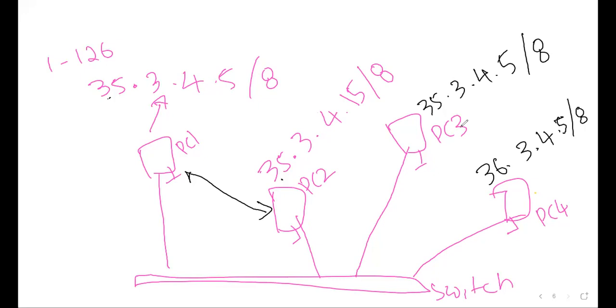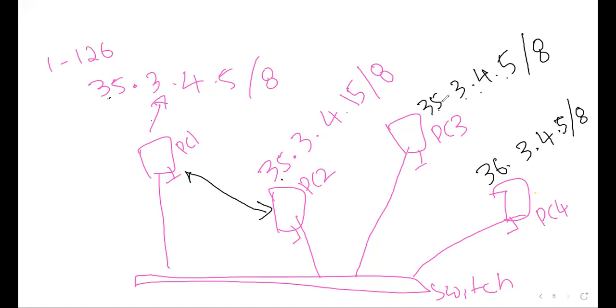What about PC3? 35.3.4.5 and 35.3.4.5. Can PC3 and PC1 communicate or cannot communicate? PC3 and PC1. No idea. Okay.